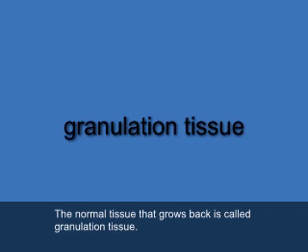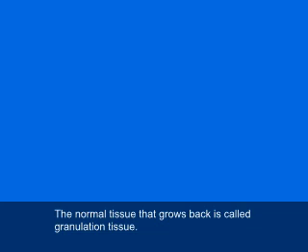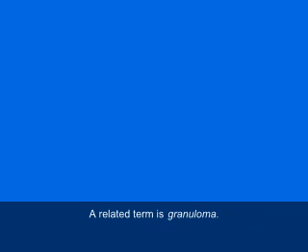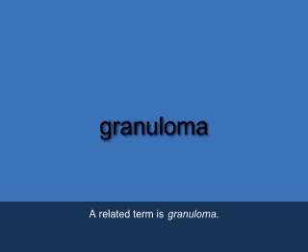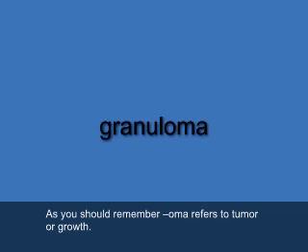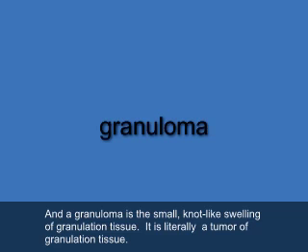That normal tissue that grows back is called granulation tissue. A related term is granuloma. As you should remember, oma refers to tumor or growth, and a granuloma is a small knot-like swelling of granulation tissue. It's like literally a tumor of granulation tissue.